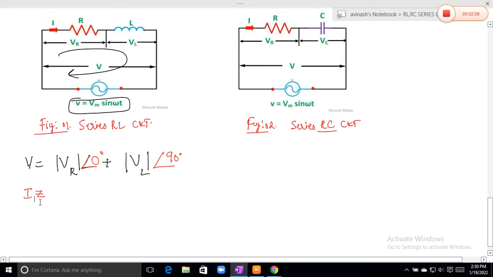As I already said, impedance is a combination of resistance and inductive as well as capacitive reactances. I into Z is equal to, the voltage across the resistor will be I into R with a phase angle of 0 degrees, plus the voltage across the inductor, I times XL, with a phase angle of 90 degrees.